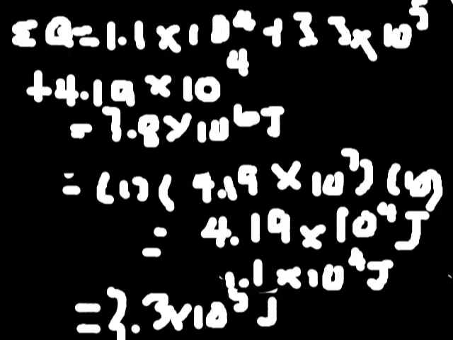So that's it for this video, and I just want to summarize it real quick. This was the amount of heat required to raise the temperature of the ice to its melting point, from which it would melt into water. The temperature change would be from -5 to 0 degrees Celsius.